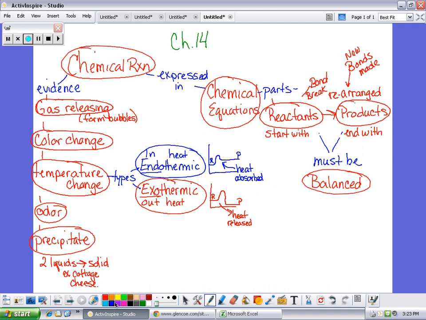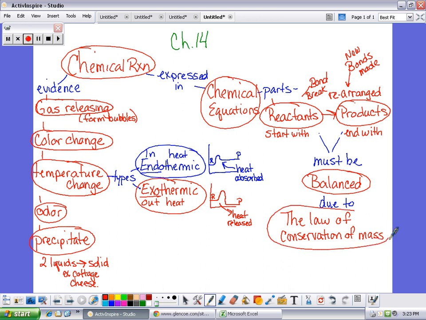And this is due to the law of conservation of mass, which basically states the amount that you have on the left side of the reactants should be the same as what you have on the right side of the products. Okay. So we are balanced by using coefficients.